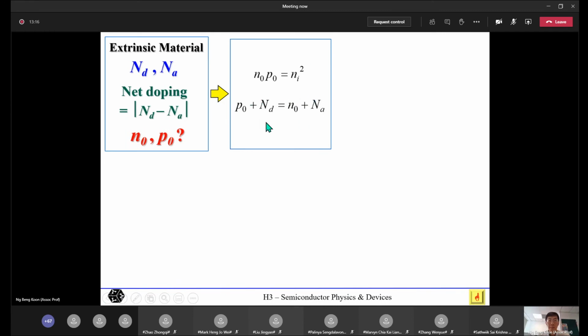The other expression is our charge neutrality equation, which relates your hole concentration, electron concentration, and the dopings in your semiconductor.